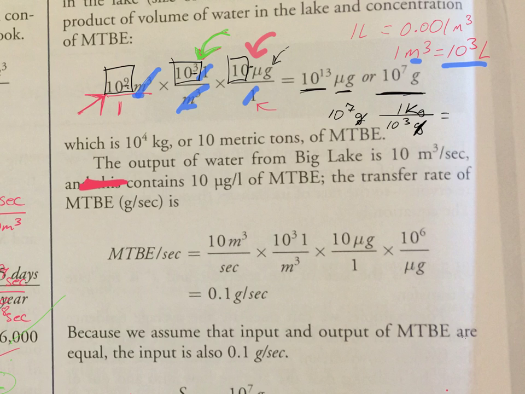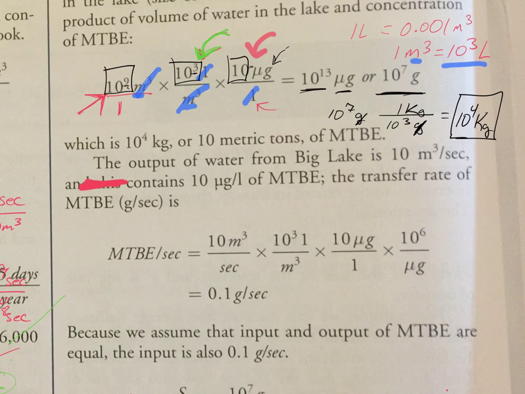Whenever you divide exponents, as long as they're the same base, you subtract them. So it's 10 to the 4th kilograms. All right.